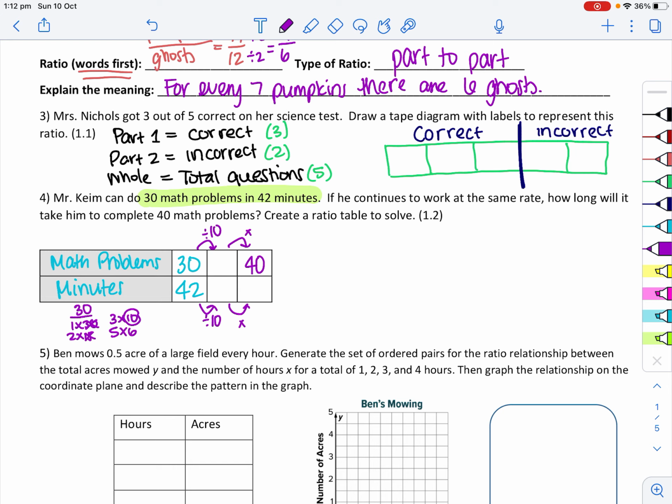Nope, just kidding. It's 30 and 42, not 30 and 40, so it's not 10. 6 is going to be my greatest common factor because 30 divided by 6 is 5 and 42 divided by 6 is 7. And then I am going to multiply by 8 to get to 40, so I'm going to multiply by 8, and it's going to take 56 minutes.